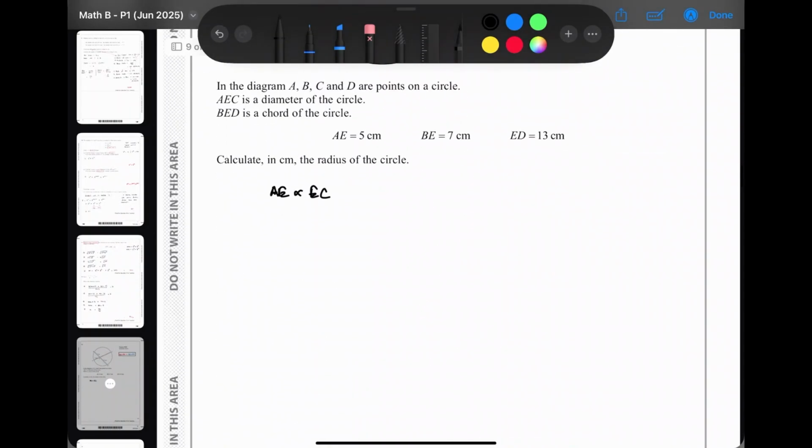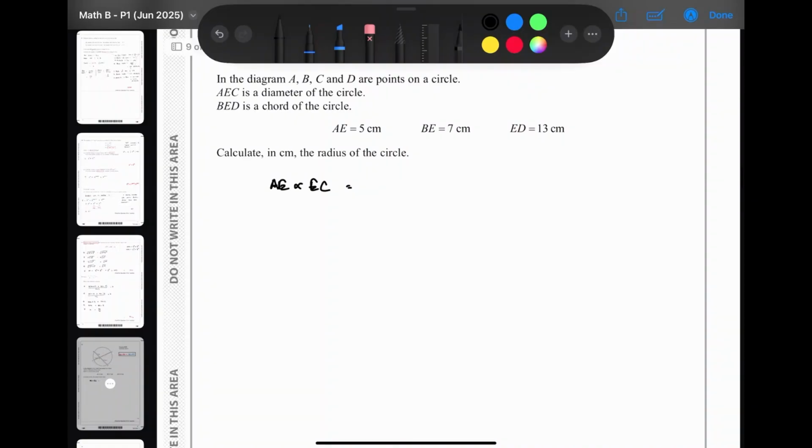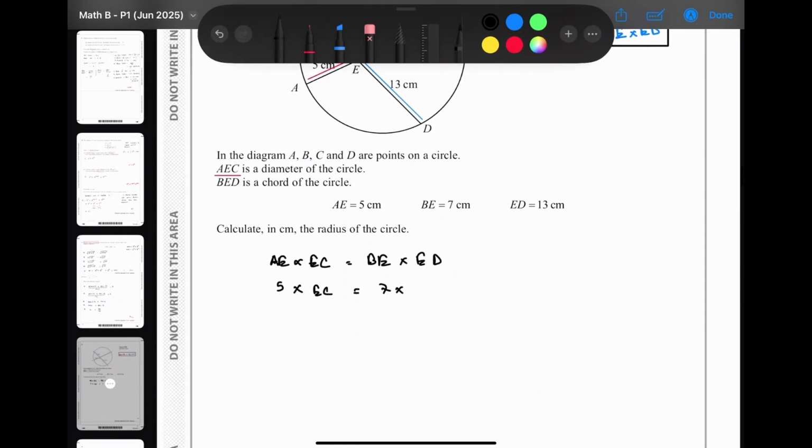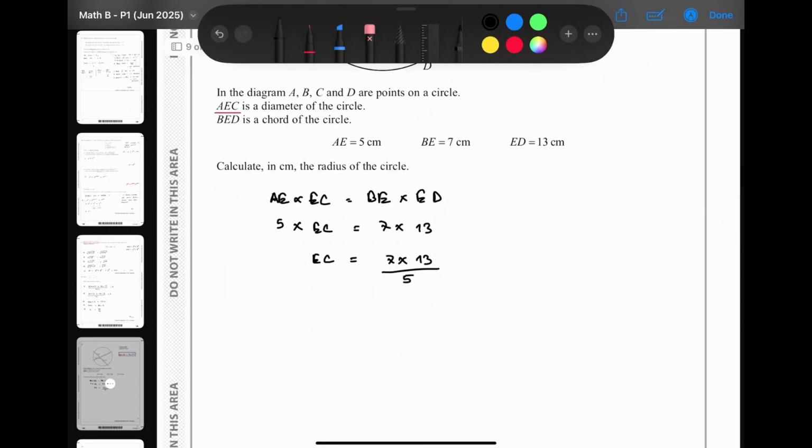We rewrite the same formula from our theorem, then we replace them with the values given to us in the diagram and the question. Upon replacing the values, we can isolate and find the value of the missing length from the diagram, which is EC. We get the length of EC as 18.2.